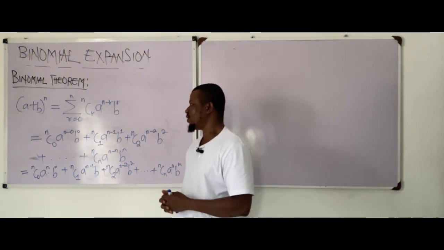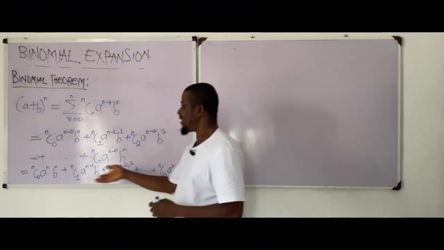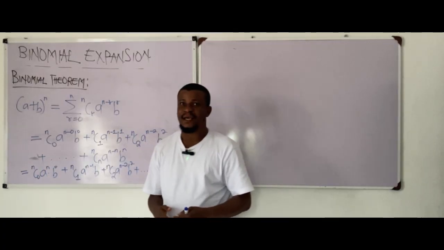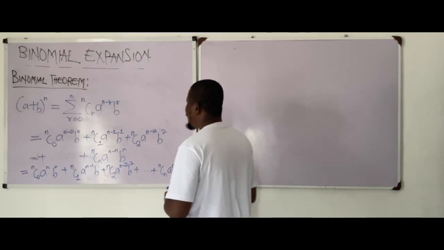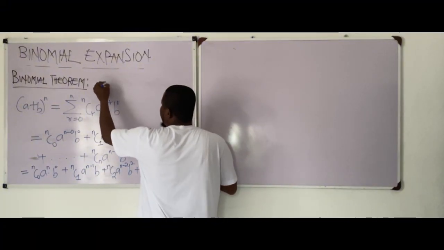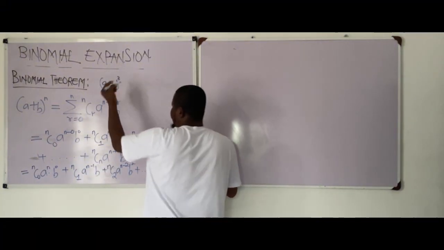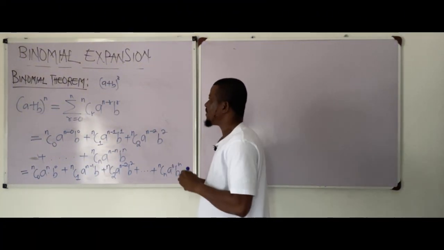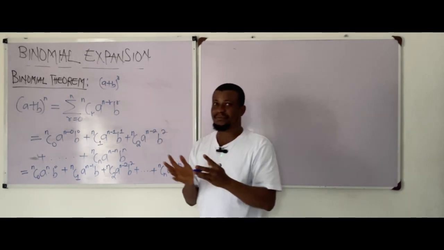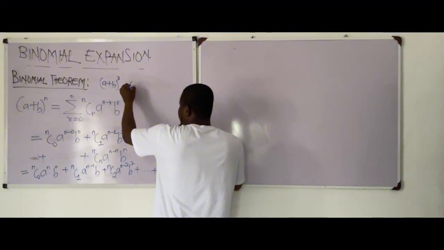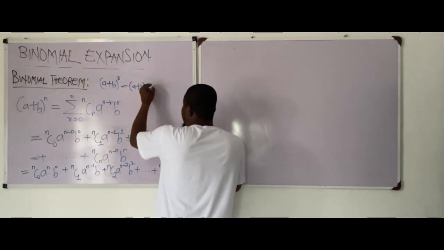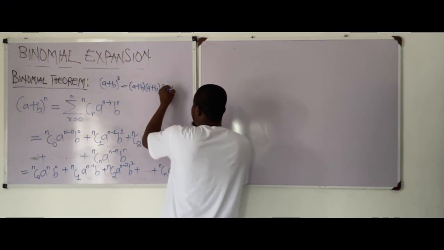Now the question you might be asking is, why this formula? Why the combination? Say you have (a + b) to the power 3, for example. To expand this, we need to combine it in 3 brackets. For the elementary process, we'll say (a + b)(a + b)(a + b).